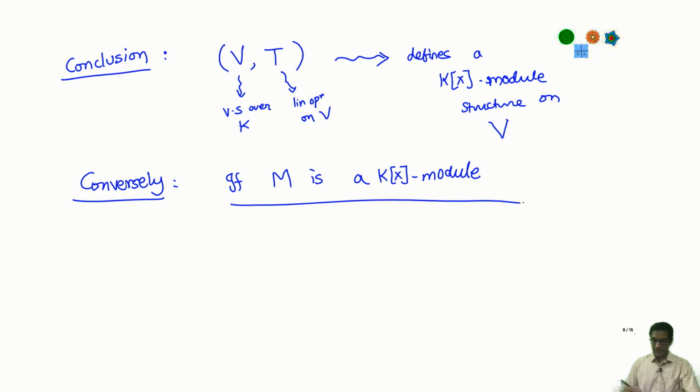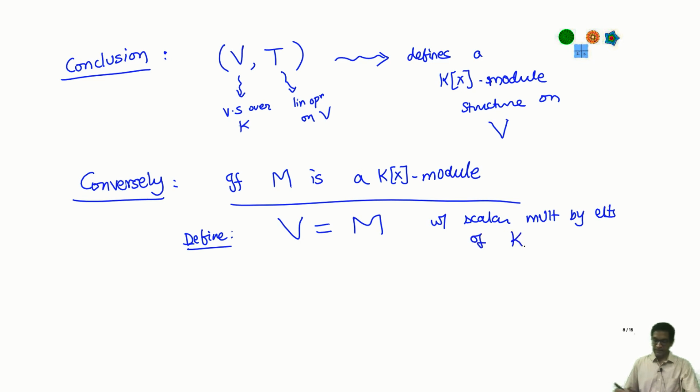If M is a K[x] module, observe that the constants, so I can define a vector space V as follows. I will take V to just be the set M itself with scalar multiplication by elements of K, right.